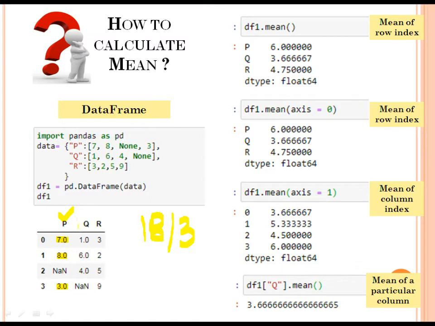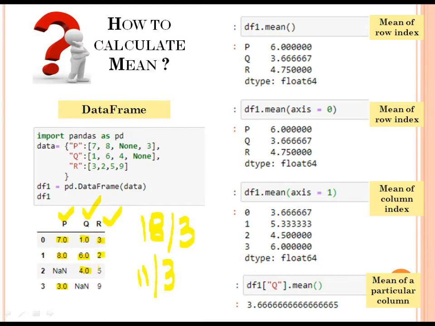Clear? Similarly with Q, we have only 3 values here: 1, 6 and 4. So when we add them, I get 11.0, and 11.0 again is divided by 3, not by 4. Clear? Because it has one NaN value. The answer is 3.6667. In the same pattern, we have R as the column, and it has all 4 values.